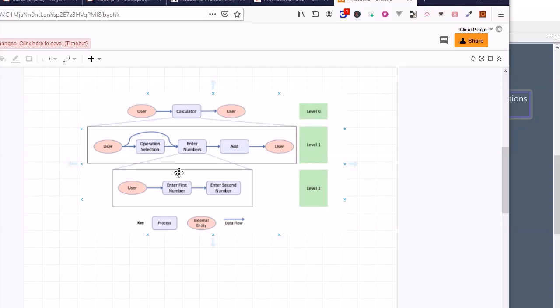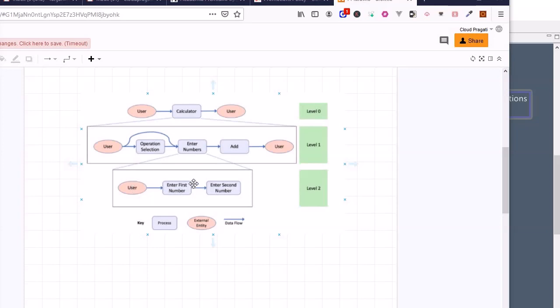When the user interacts with the calculator, what will happen at level 0, and when it moves further, the same functionality has expanded: if the user selected the add operation, then what will happen at level 2. It shows how the program gets executed further.